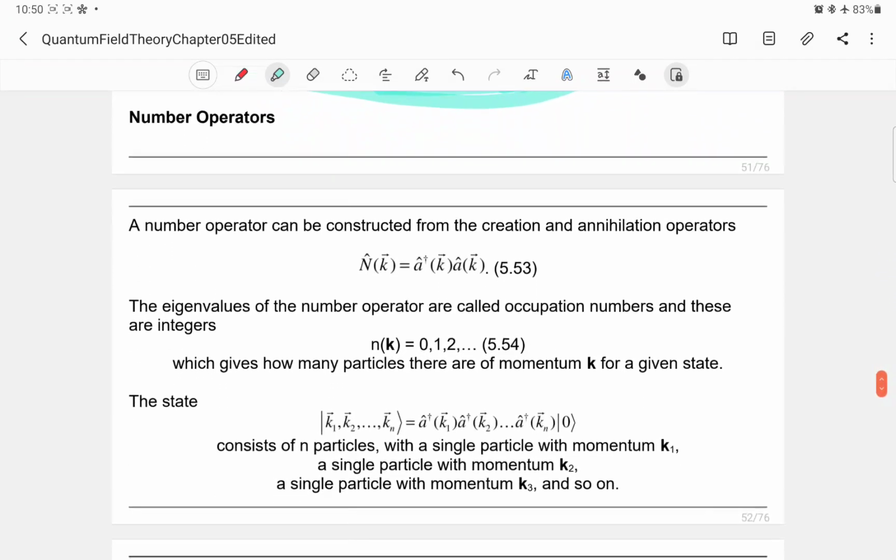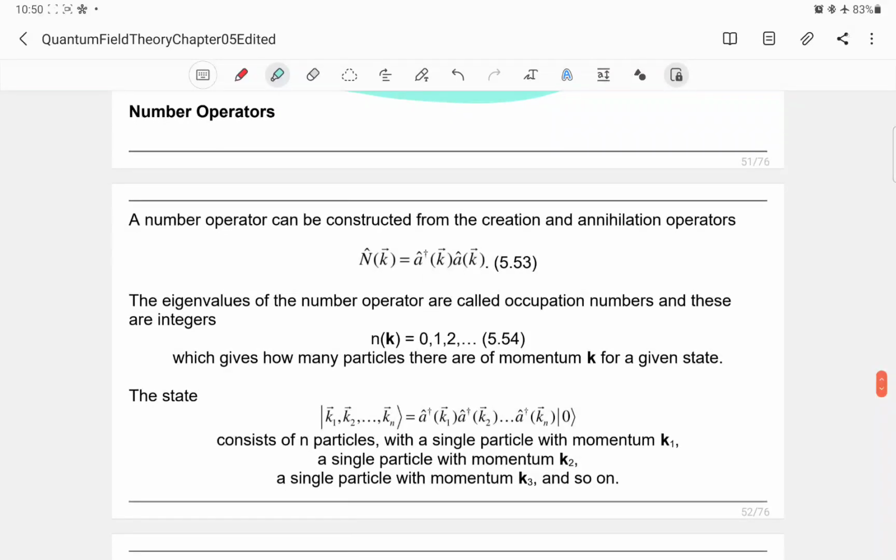So, number operators. A number operator can be constructed from the creation and annihilation operators. This time this applies to creation and annihilation of particles, whereas in the harmonic oscillator it applies to the increase or decrease of energy state.